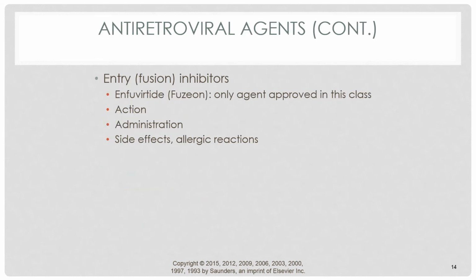All right. And then entry or fusion inhibitors, these are the ones that act on the actual getting through the cell membrane. So we have the Fusion or the enfuvirtide. It's the only medication in this class. All right, so it actually helps prevent this.